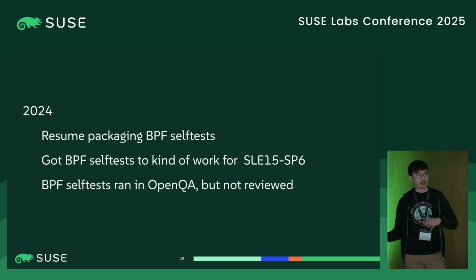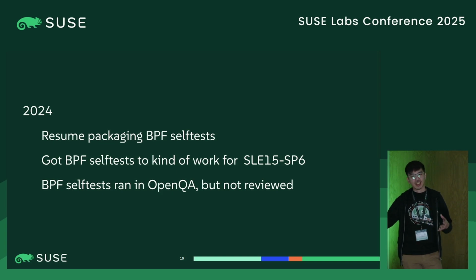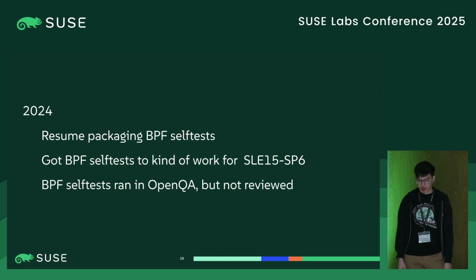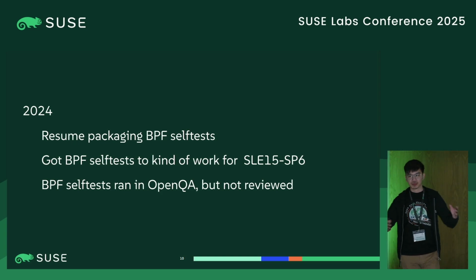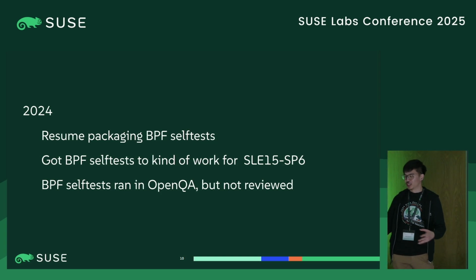With that and the help of kernel QA, I was able to have it running in the kernel QA's OpenQA. And again, the BPF self-test kind of works. Still many failures, but the good thing is the test verifier is also still passing. So I'm happy enough. But then the CVE tsunami came and I couldn't find more time to look into it.